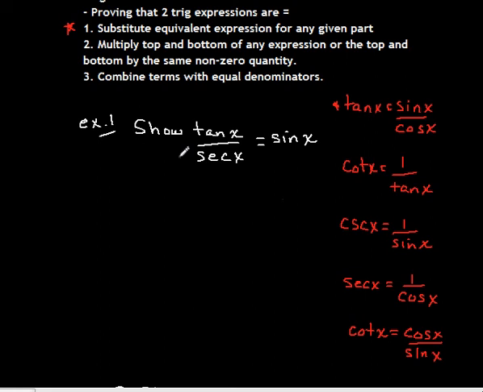So, tangent of x, we're trying to get this side to have a sine in it, so when we're picking one of these, right now we only have one to pick from. So I'm going to substitute tangent of x is equal to sine of x over cosine of x. We don't want secant in our answer, so I'm going to look at secant. I can see that secant is equal to 1 over cosine of x. So all I did was rule 1 here, substitute equivalent expressions for any given part.